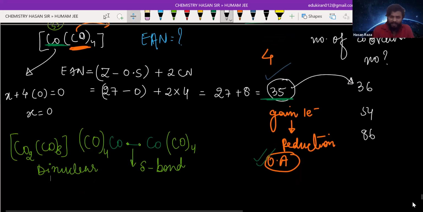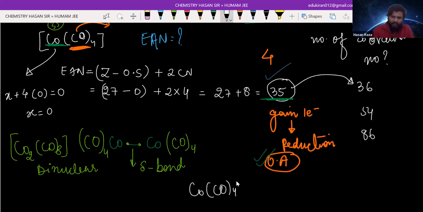So in order to get stability, Co(CO)4 exists as Co2(CO)8.